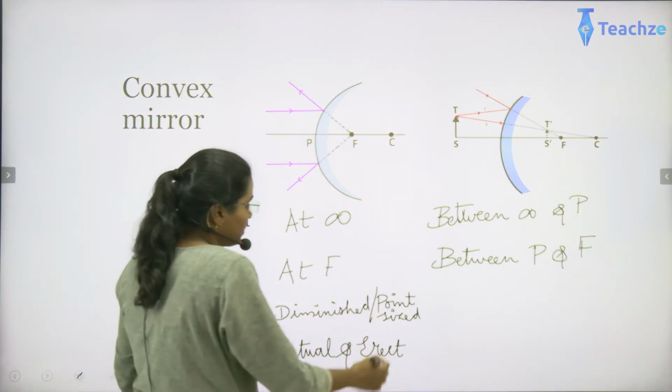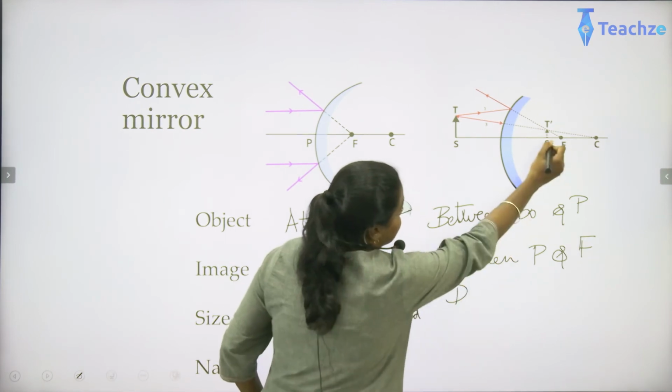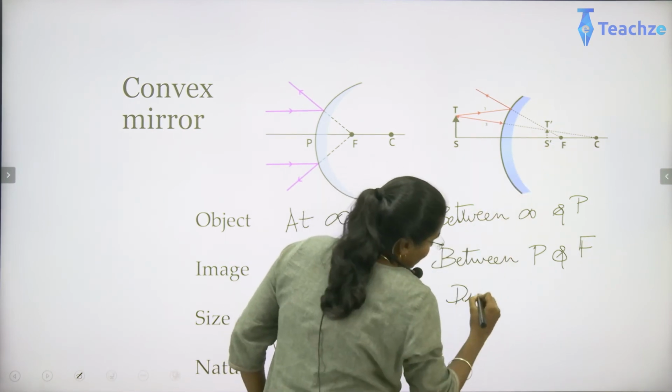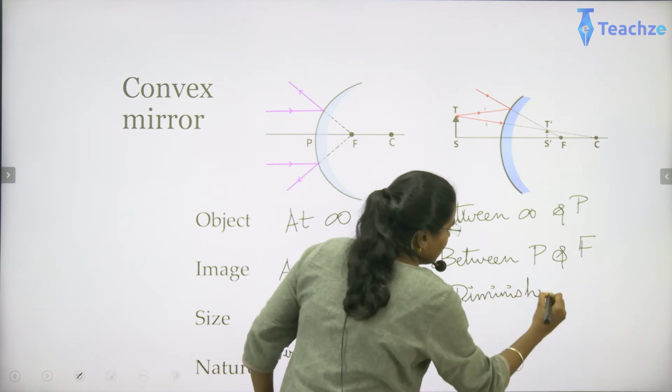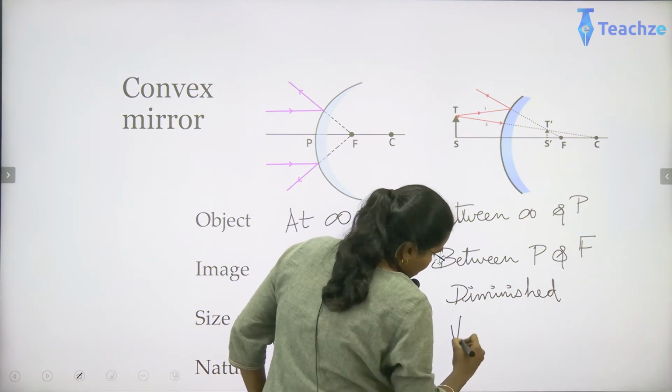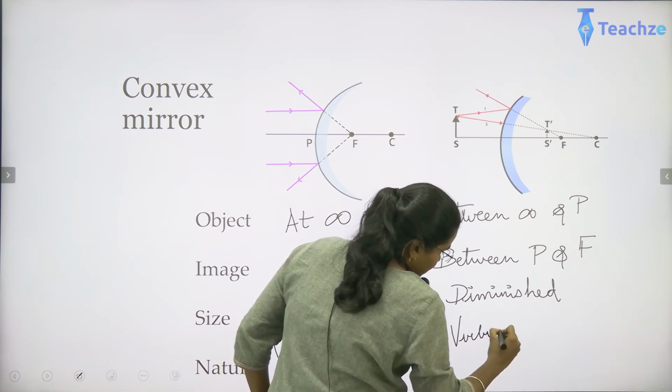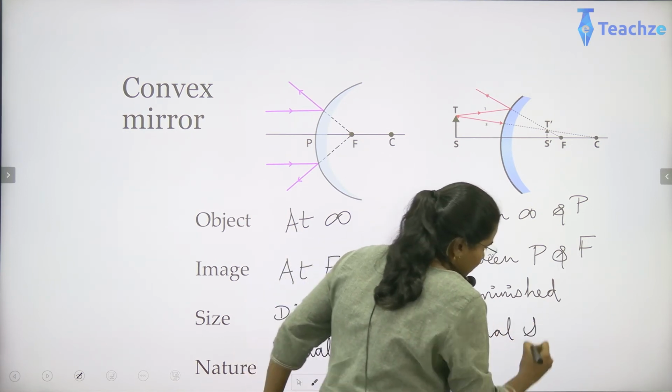Okay, so then it is again diminished, as we know from the image. It is again diminished, and again it is virtual and erect.